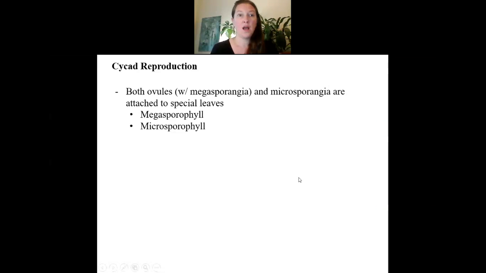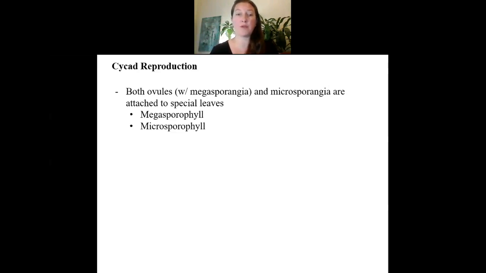Yeah, so the ovules, which have the megasporangium inside, and the microsporangia, in the case of cycads, are attached to special leaves. We've already covered a little bit of this in the lycopod section of the last lab. Megasporophyll is going to have the ovule on it.